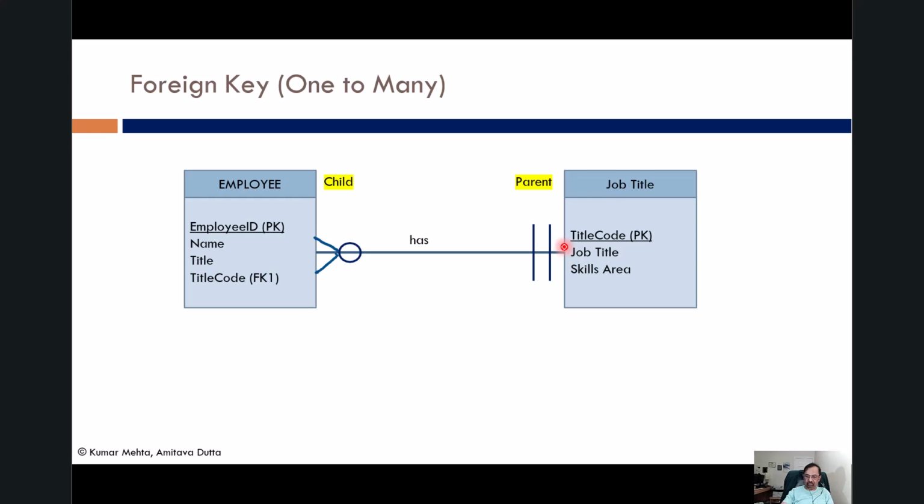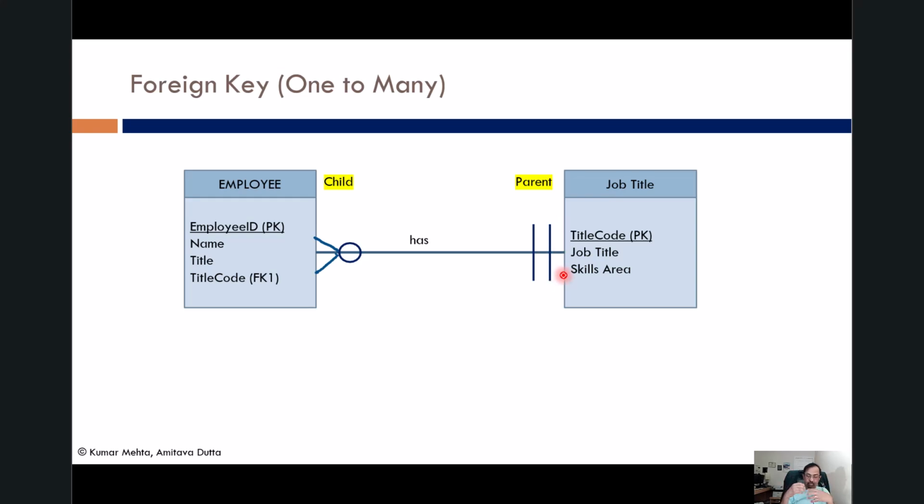But I can think of situations where an employee has multiple job titles. For instance, an individual at a university could be a professor, which is a job title, and they may also be director of a particular center. So they have two different titles at the same time. If that's the case, then the maximum cardinality should be many. So there would be a crow's foot at this end rather than a single bar.